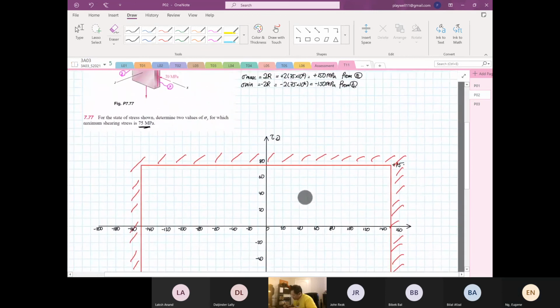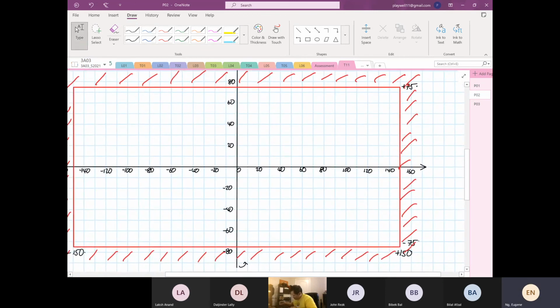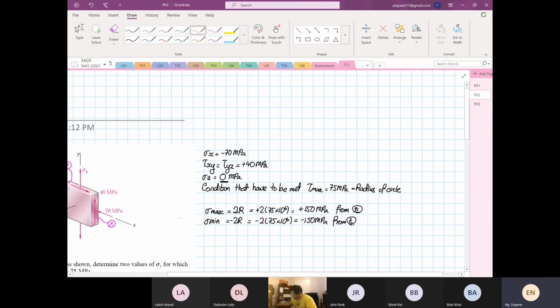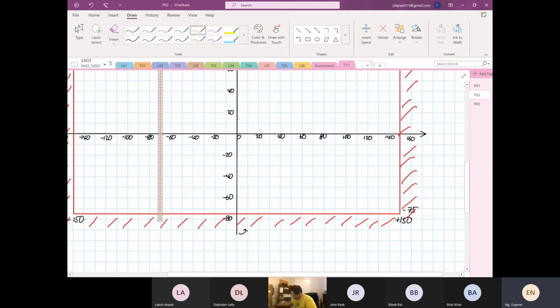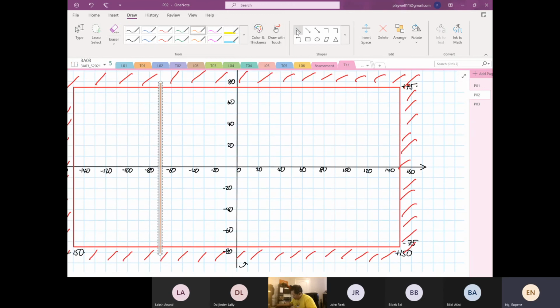We know the first point is at minus 70, so I'm going to draw our minus 70 line. And the shear is going at 40.